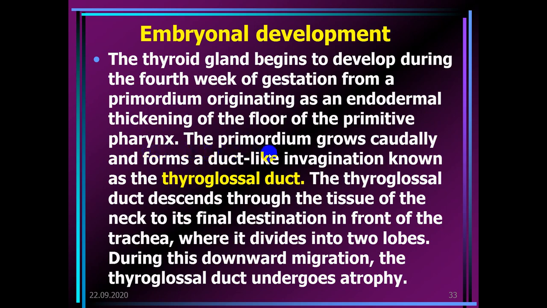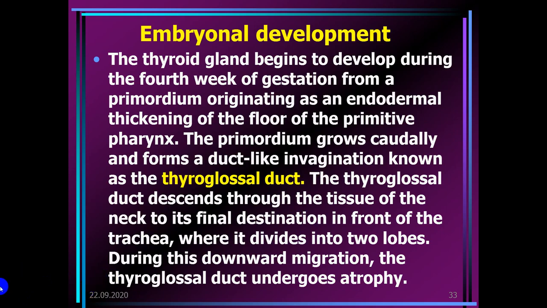The primordium grows caudally and forms a duct-like invagination known as the thyroglossal duct. This duct descends through the tissue of the neck to its final destination in front of the trachea, where it divides into two lobes.